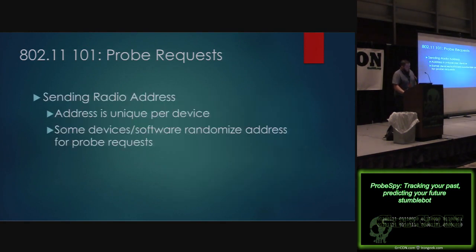Alright, so what can we determine from this? The sending radio address: the initial spec intended for this to be the burnt-in MAC address of the device that was sending the probe request. So theoretically, that would be a unique address that identifies that device. However, recent advancements and the prevalence of this sort of information disclosure have made it so that a lot of device manufacturers will attempt to obfuscate this data.